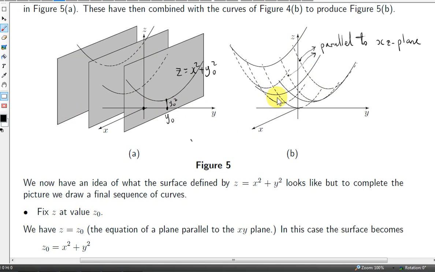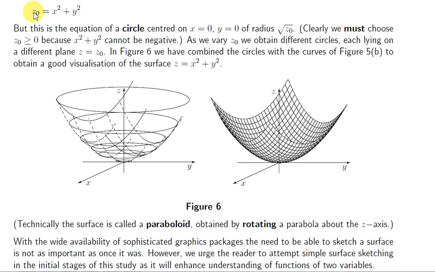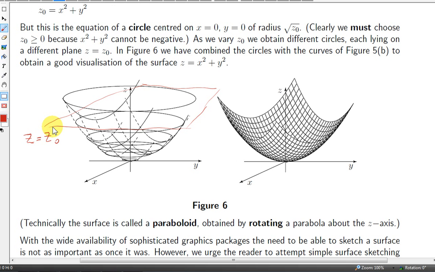To get a better idea of the shape of the surface, we can also consider fixing the dependent variable z. So let's fix z at the value z0. Z equals z0 is a plane that is parallel to the xy plane and cuts the z-axis at z0. So all points on this plane have the property that their z value is the same.